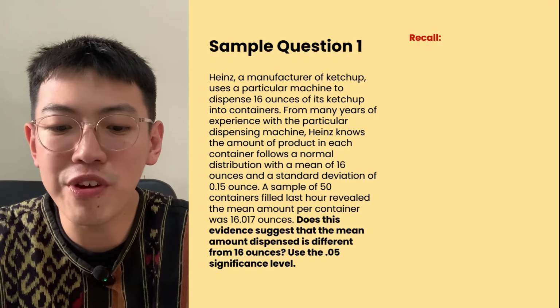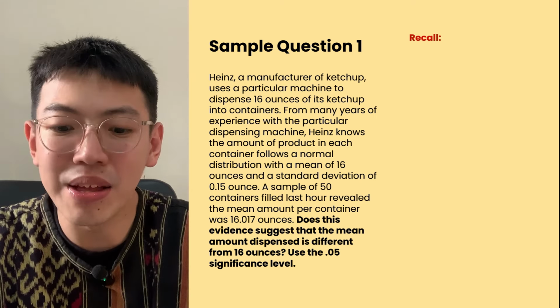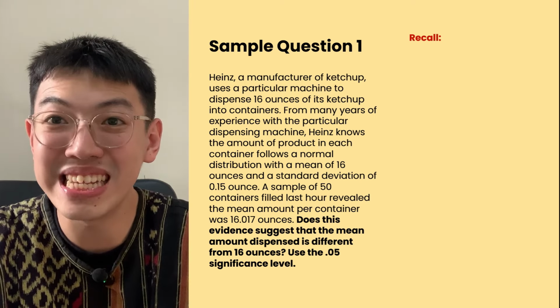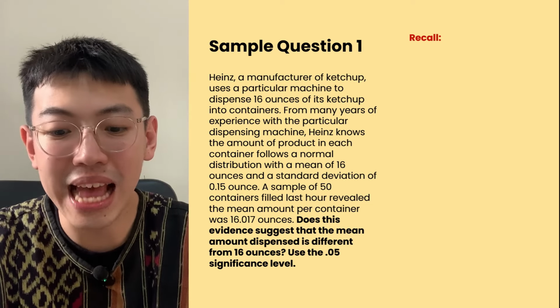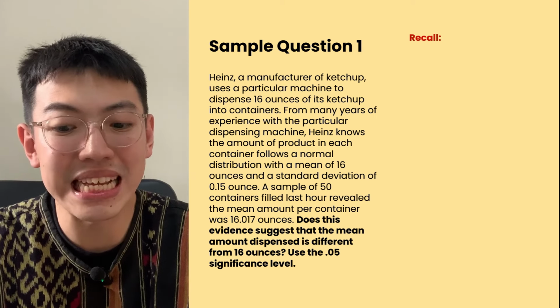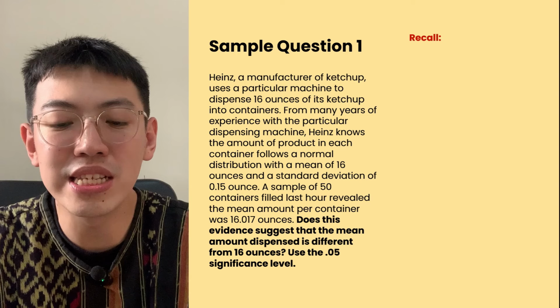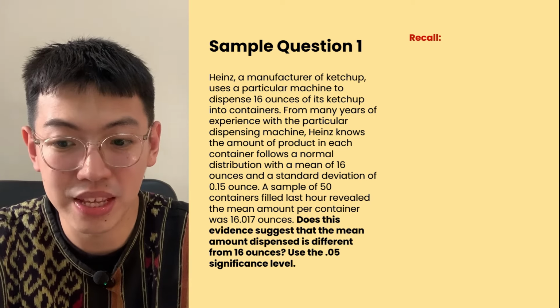A sample of 50 containers filled last hour was reviewed, the mean amount per container was 16.017 ounce. Does this evidence suggest that the mean amount dispensed is different from 16 ounce? Use the 0.05 significance level.